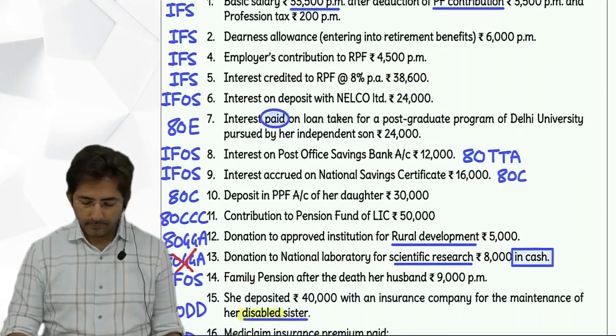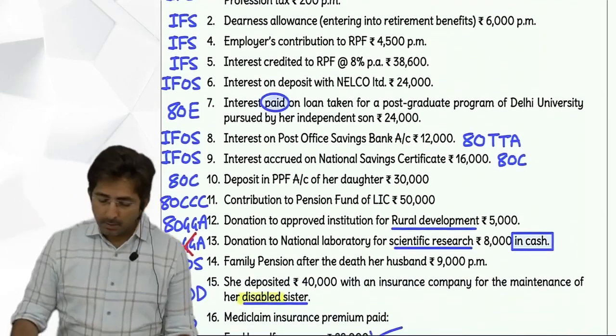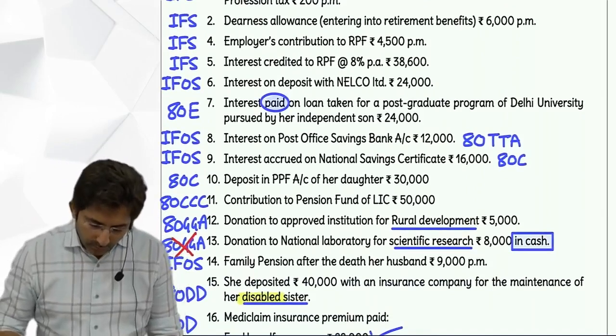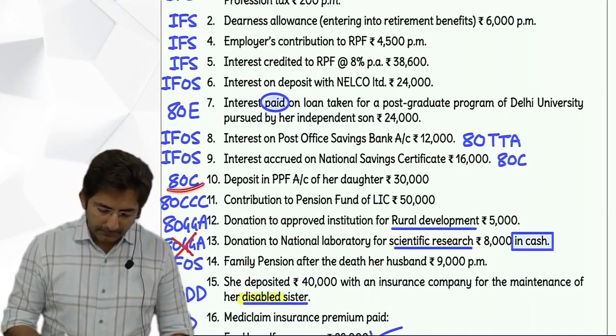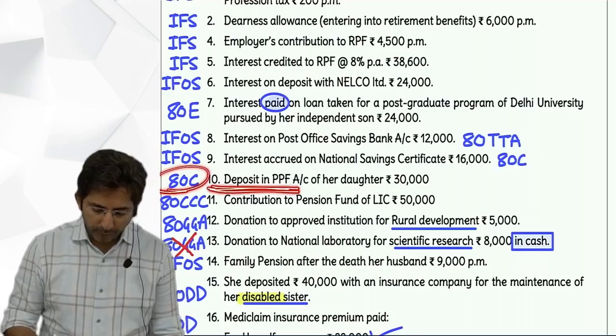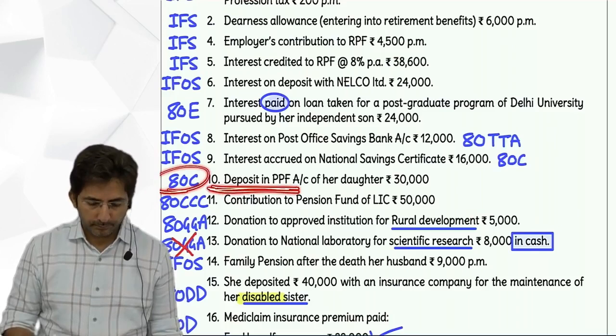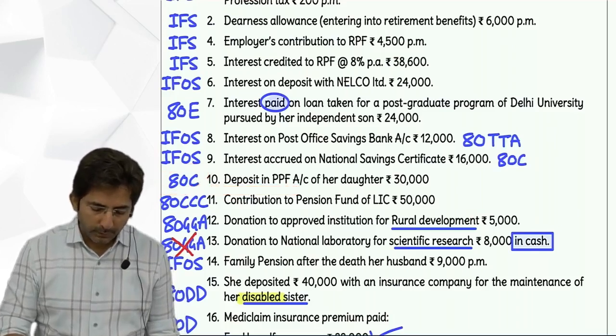Then in 80C we have deposit in PPF, 30,000. Even this will come. Deposit in PPF.